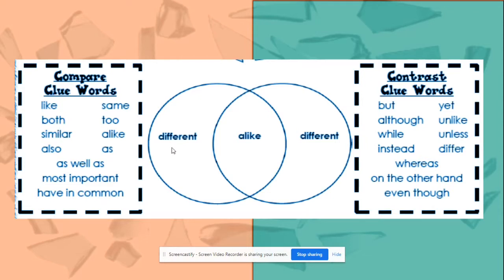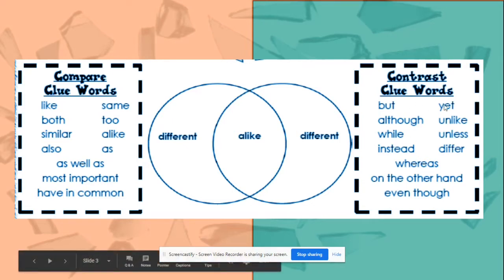Okay? It's the outside circle, where the parts where the circle is independent from the other one, that talks about how we are going to contrast the information, how those things are unalike, how they differ, and that sort of thing.